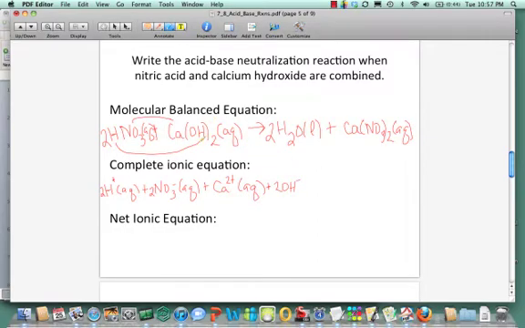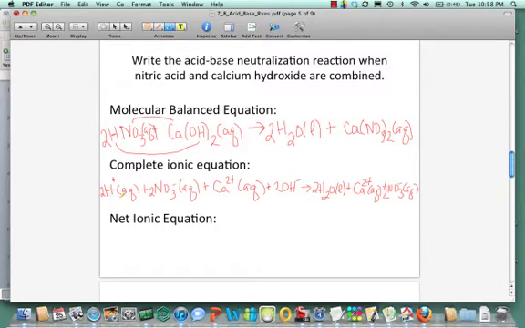It came from this aqueous calcium hydroxide, yields 2 water molecules, or moles of water, plus calcium 2 ion, AQ, and nitrate ion, AQ. And how many of those? We had 2. So we have to squeeze in a 2.